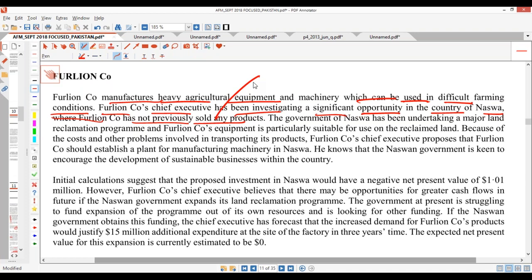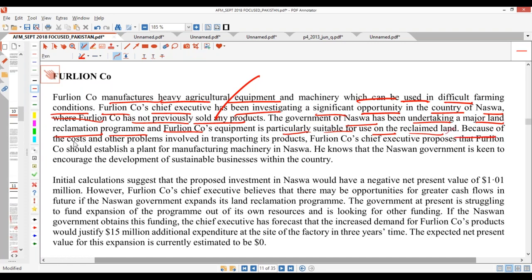You've never been there, it's an add-on bonus to you. Okay, the government of Naswa has been undertaking a major land reclamation program, and Furlion's equipment is suitable for use for the reclaimed land. This is what's happening in most countries nowadays. They're losing the land and they claim back the sea. They claim the sea and they convert it to land.